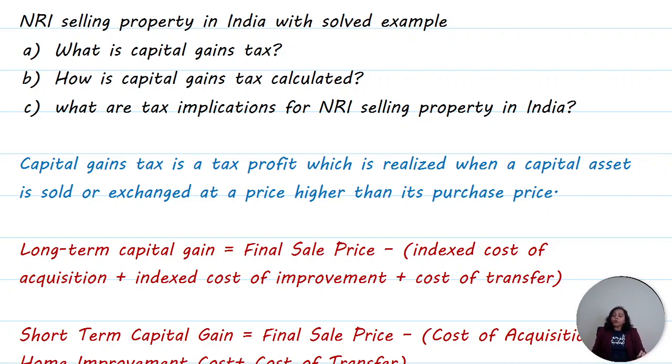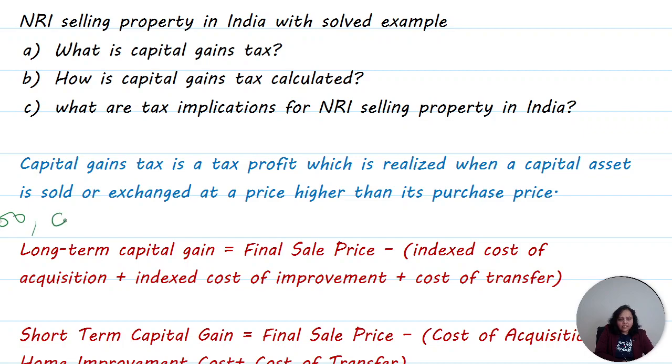Now, here what you have to know is indexed cost of acquisition and indexed cost of improvement. Now, what is indexed cost? Well, indexed cost means inflation adjusted cost. Okay. Now, say for example, you have purchased a house in the year 2000.